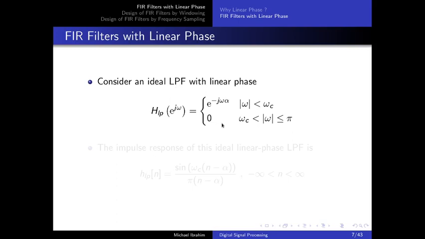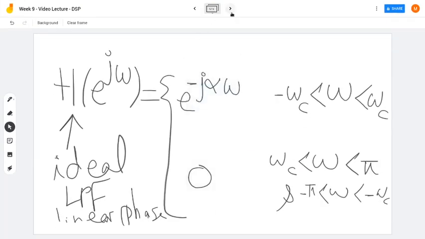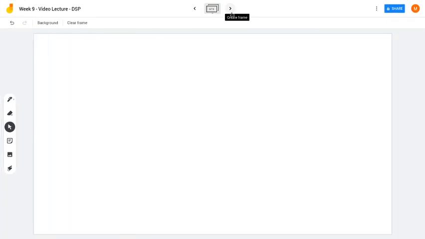Okay, and if you remember from the introduction chapter and from the Z transform chapter, when we have an FIR filter, the filter coefficients are equal to the impulse response of the filter. And in order to remember that, let me go to the whiteboard over here and remind you with this.